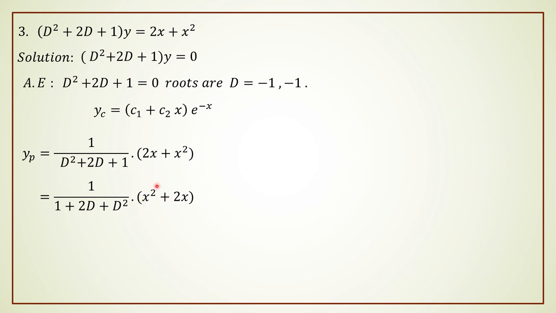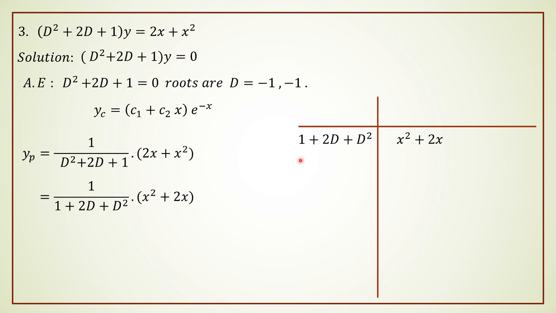So x square should be written first, followed by 2x, whereas the operator should be written in ascending powers of d. Okay, so the constant term should be written first, followed by 2d and d squared. Then perform the division with the divisor 1 plus 2d plus d square and dividend x square plus 2x.